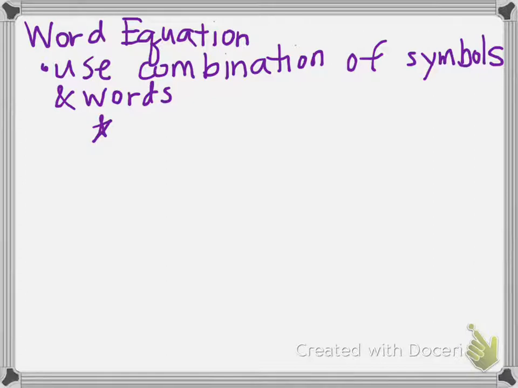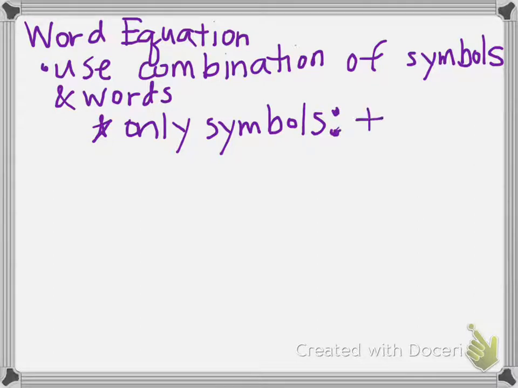The only symbols that you're going to see in a word equation, okay, are a plus sign and that arrow. Okay, so those are these two symbols right here. These are the only symbols that appear in a word equation.